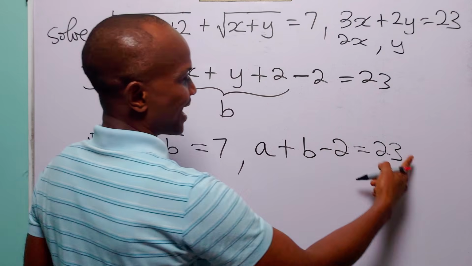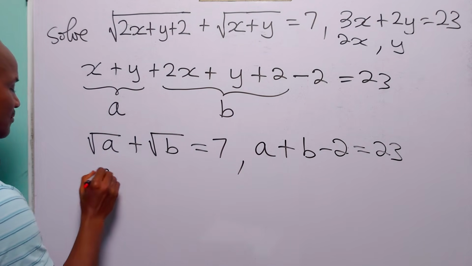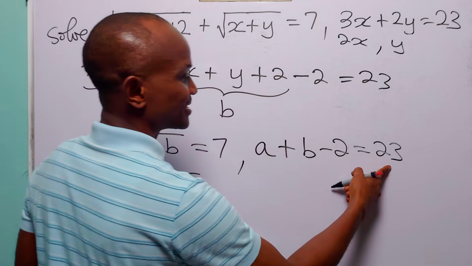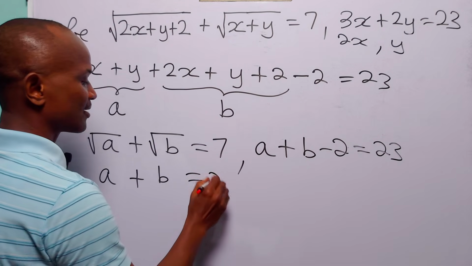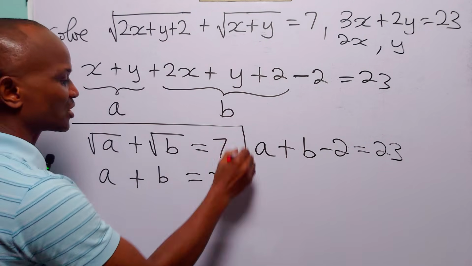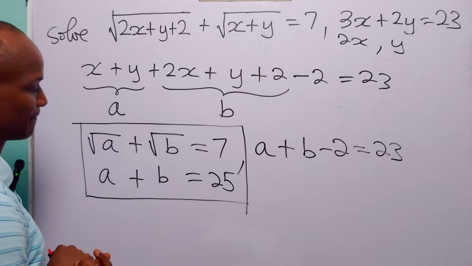Now you know that if we add 2 to both sides of this equation, then we have that a plus b is equal to 23 plus 2, which is equal to 25. Now you can see that we have a much simpler system of equations to solve.